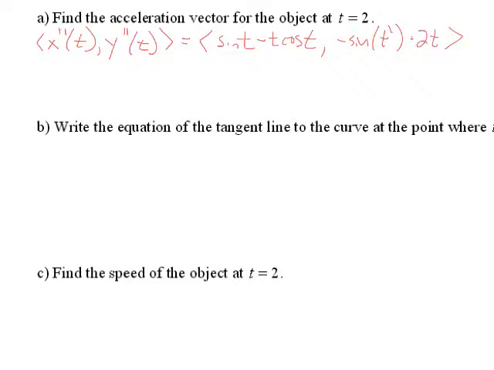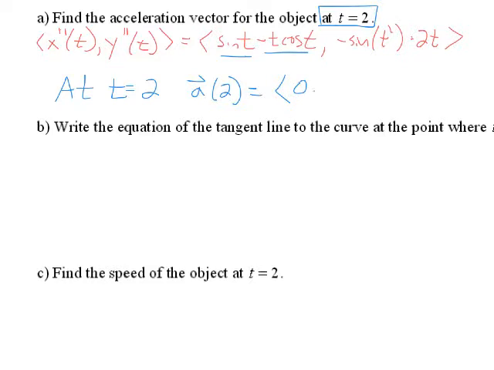All right, there's our acceleration vector, and they ask us to evaluate it at time 2. So at t equals 2, our acceleration vector, we can say a of 2, is equal to, and we turn to our calculator and evaluate this, sine of 2 minus 2 times cosine 2, and we get 0.077.